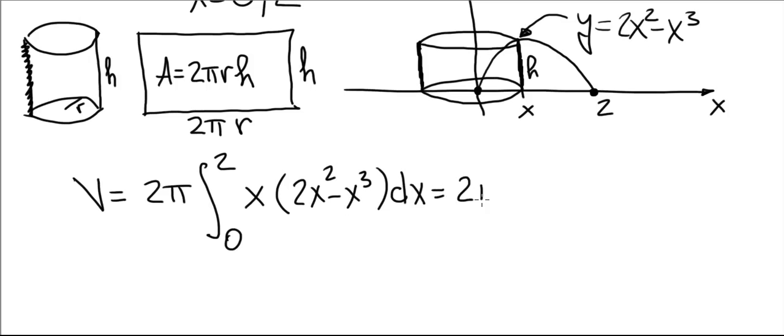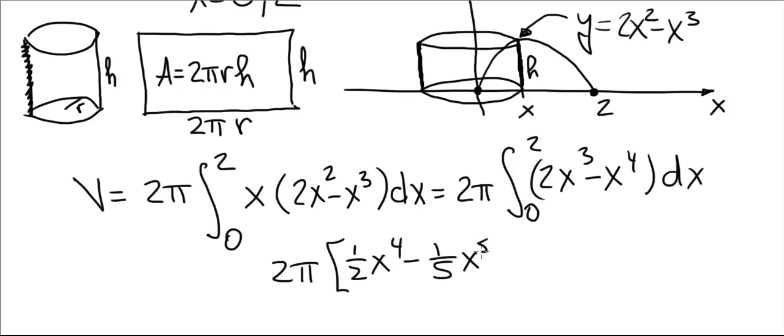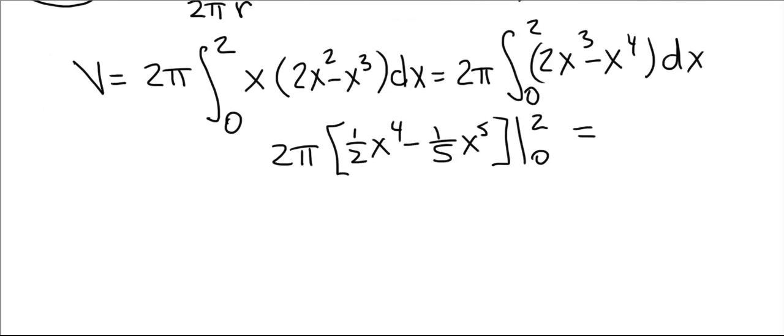As I said, this is very easy. This is 2 pi times the integral from 0 to 2 of 2x cubed minus x to the 4th. So that's 2 pi times x to the 4th over 4 times 2, that's 1/2 x to the 4th, minus 1/5 x to the 5th, evaluated from 0 to 2. Plugging in 0 gives us 0, so all we have to do is plug 2 in.